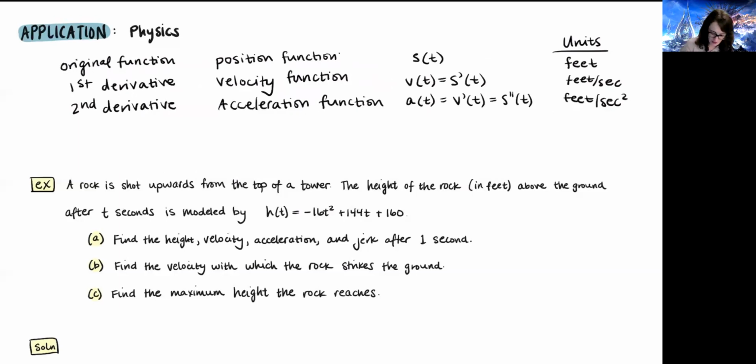So this was something that we've seen before. The third derivative, though, is something that's new. The third derivative, or the first derivative of acceleration, or the second derivative of velocity, the third derivative of position, this is what's called the jerk function. I don't really know why exactly it's called the jerk function.